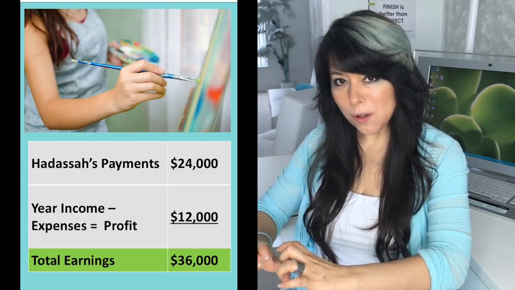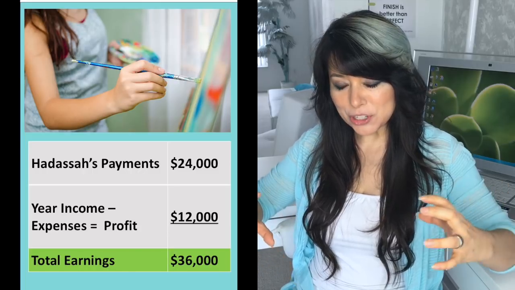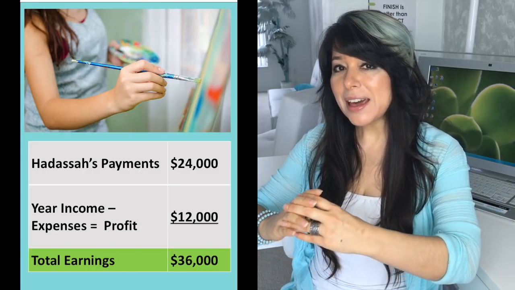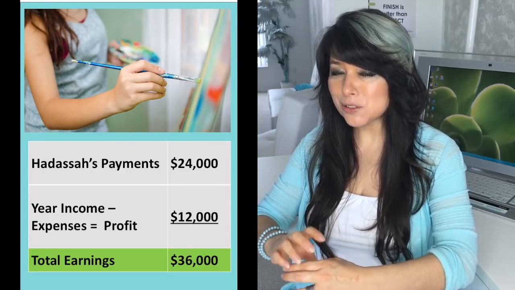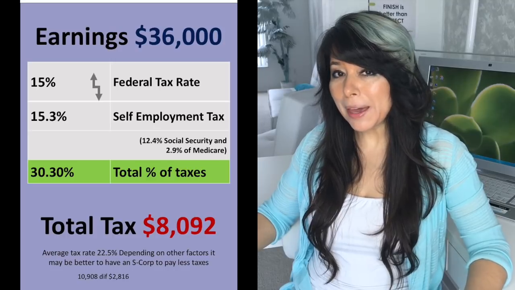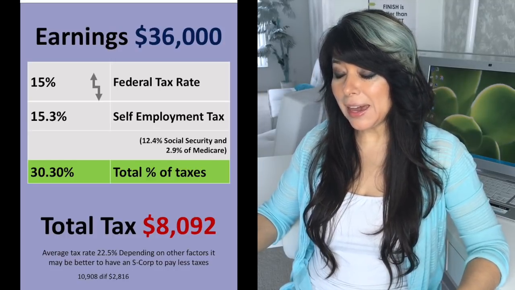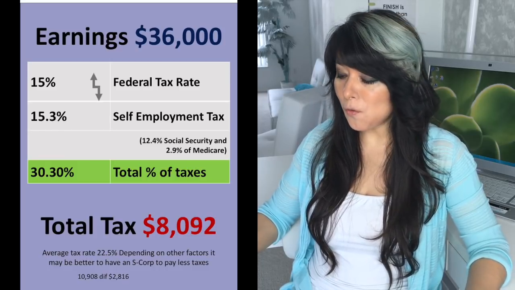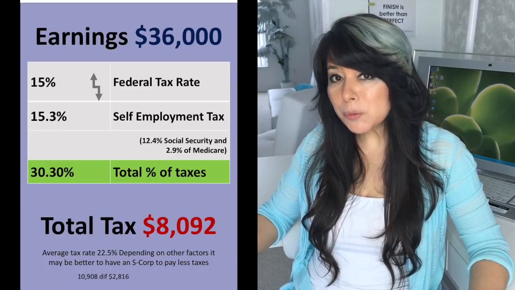Now that $12,000 plus the $24,000, which equals $36,000, is subject to two types of taxes. And in her case, on these $36,000, she would pay a tax bracket of 15% and 15.3% for the self-employment tax, which totals 30.30%.